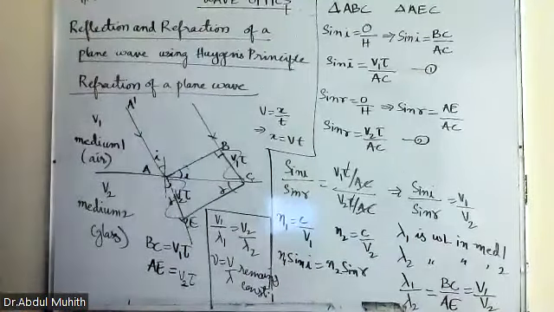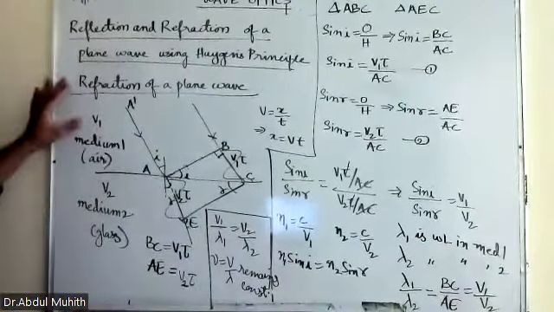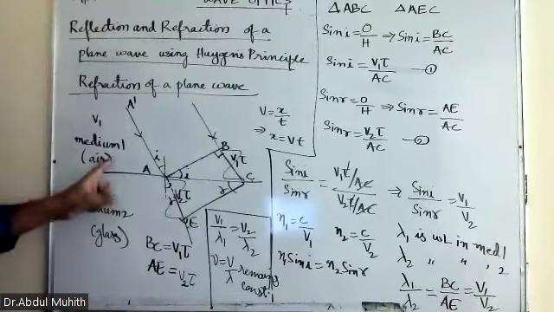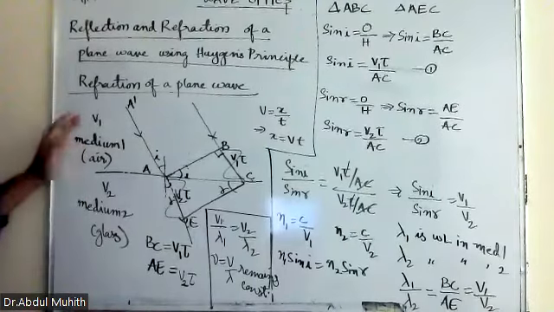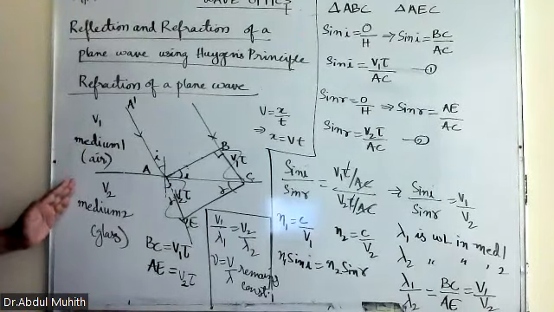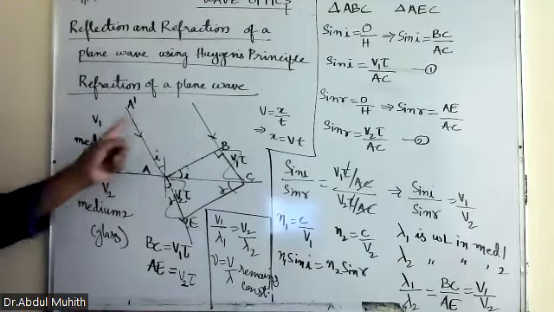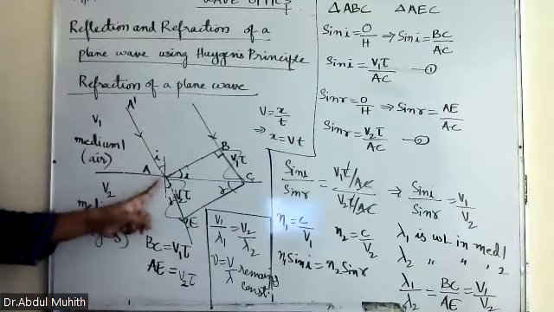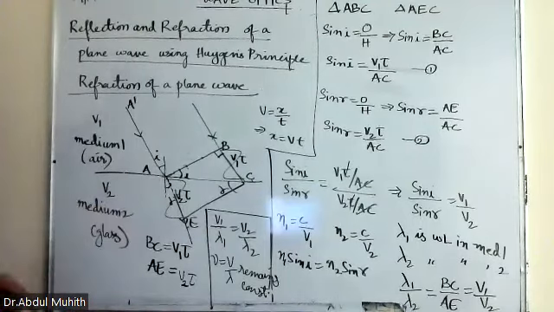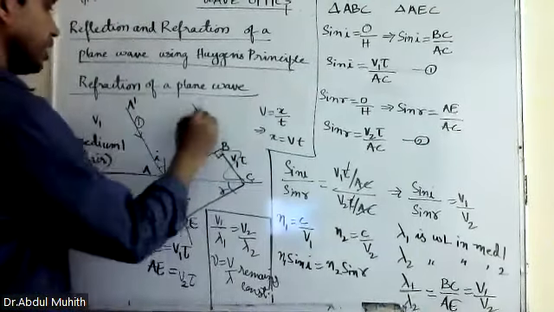Once again from the beginning, quickly listen here. Refraction of a plane wave when the light is traveling from a rarer medium to a denser medium, air to glass. Speed of light in air is V1, speed of light in glass is V2. Now, these two are the incident rays. When A touches the interface, the second one, B, is still in the air.